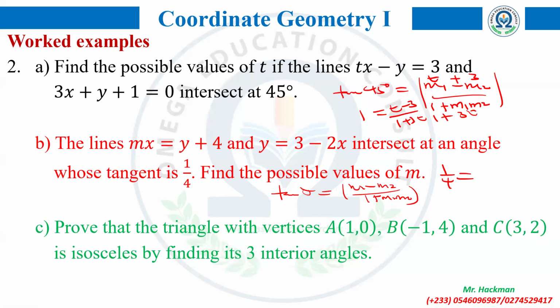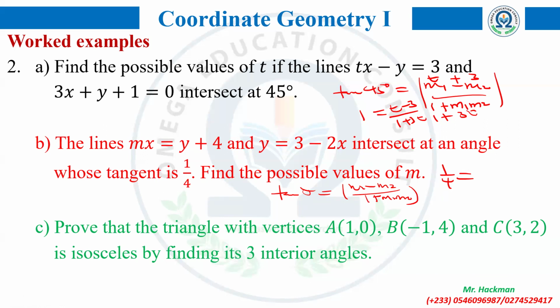Yes, Ama? Please, so this one too, how do we extract it? The same way, once you are given this equation 1, this equation 2, and again, tan theta is equal to 1/4, as simple.